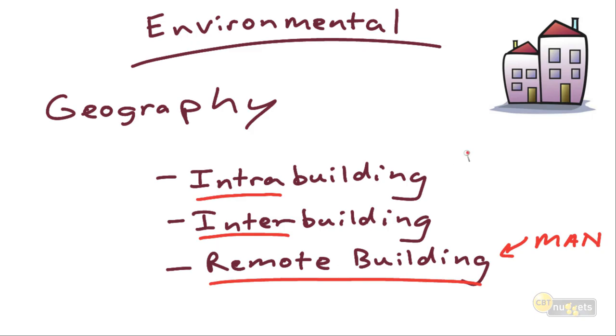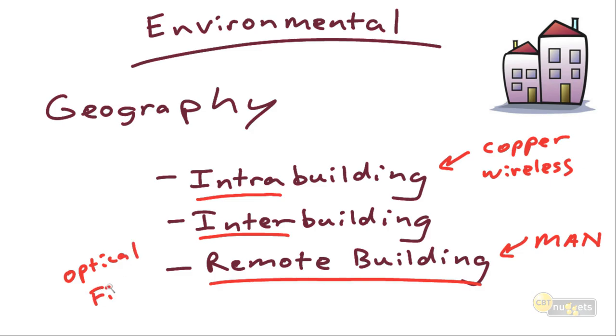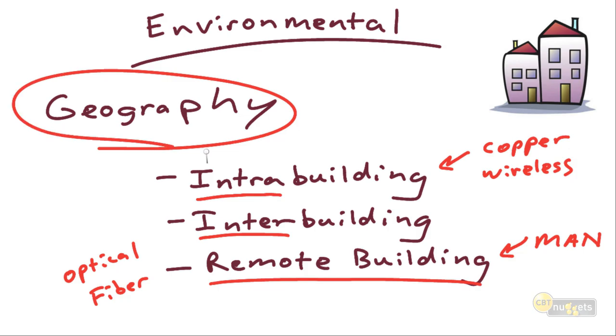A great example would be inside a building, we're obviously going to often have copper for the media connectivity or wireless for the media connectivity because that's going to work so well. When you start talking about inter-building and remote buildings, we often are going to get involved with optical fiber connections in order to make the campus LAN infrastructure work properly. So, when it comes to environmental factors, probably the biggest one that we're going to combat is overall geography.